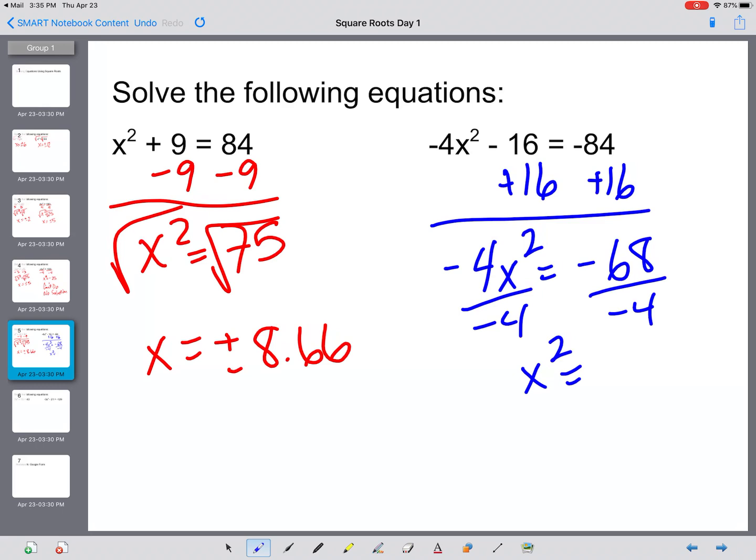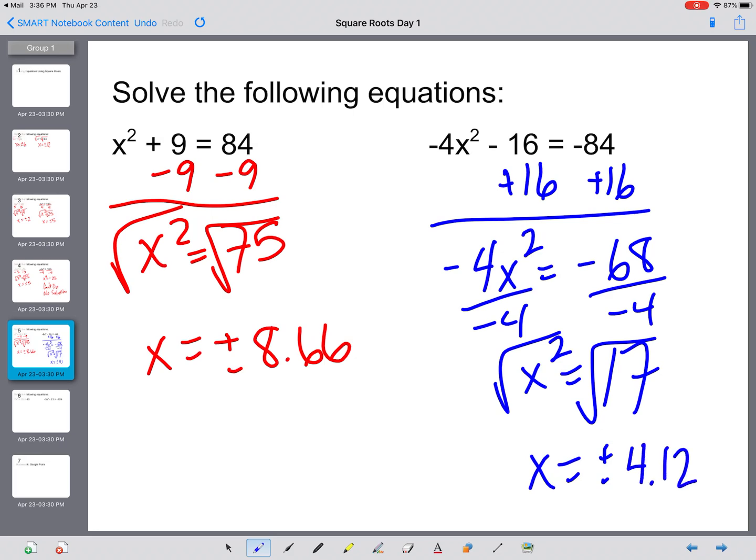Oh man, I'm really losing it today. I came up with some bad, nasty problems. I was hoping to have them all work out perfect, but that's okay. Take the square root. I'm going to have to use my calculator again. 4.12. I was hoping they would work out nice, but they didn't. That's all right.